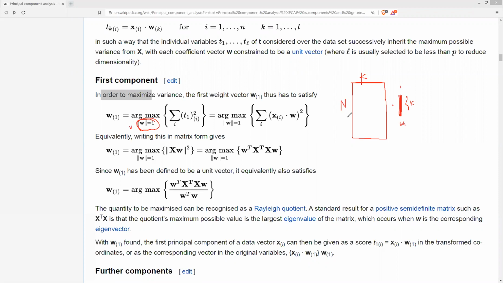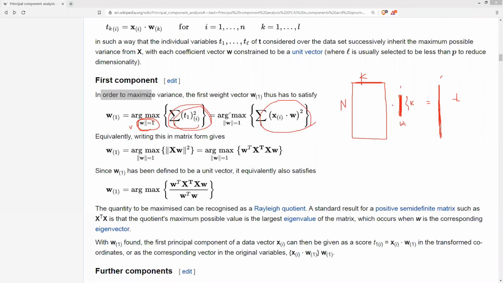Then we want to find the combination of k that maximizes the variation of the vector. So it generates the T vector, and we want to make the variance of this as big as possible.